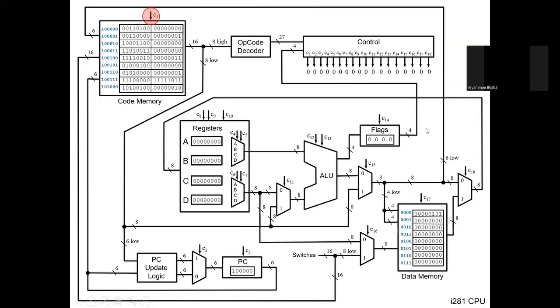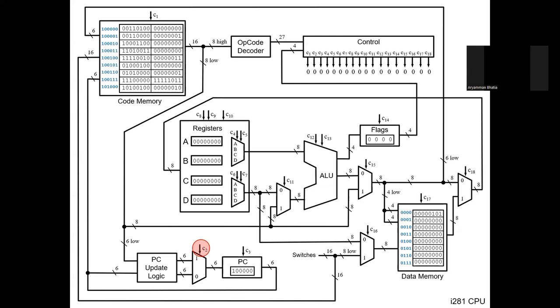Now, yeah, the control signals. So what are the different control signals doing? So C1 is just the write enable of the code memory. C2 is again the multiplexer to choose for the program control logic, whether you want to just go to the next instruction or you want to jump to some specific instruction, right?